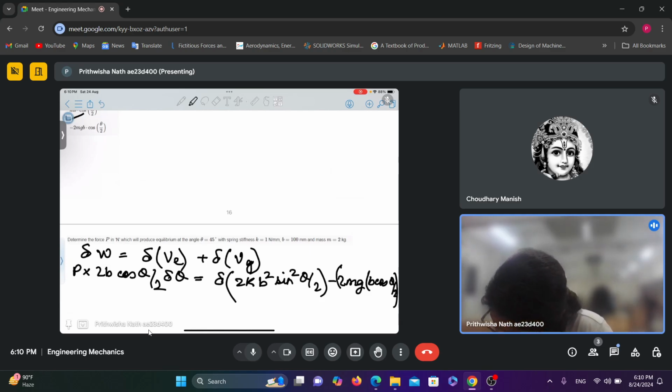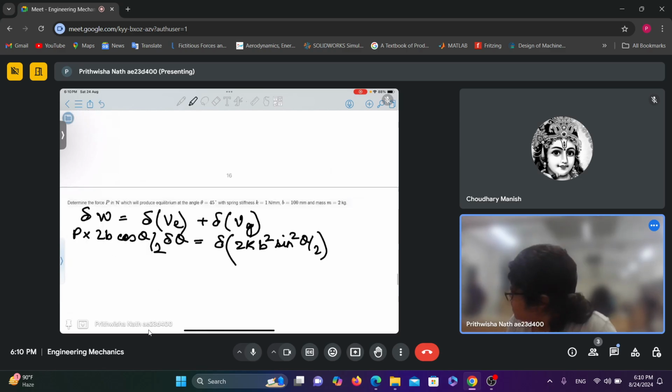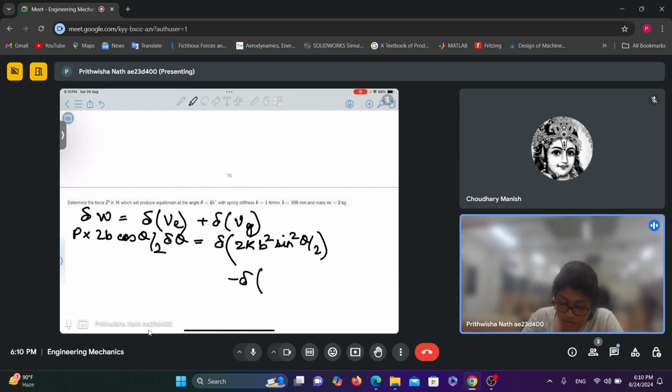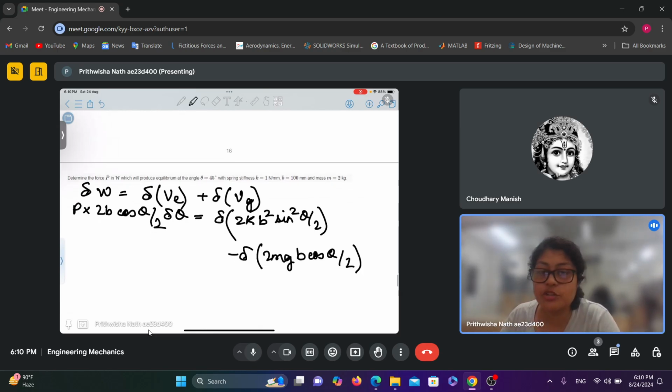And there is a del here, so write it as minus delta 2mg b cos theta by 2. So now I need to differentiate this.